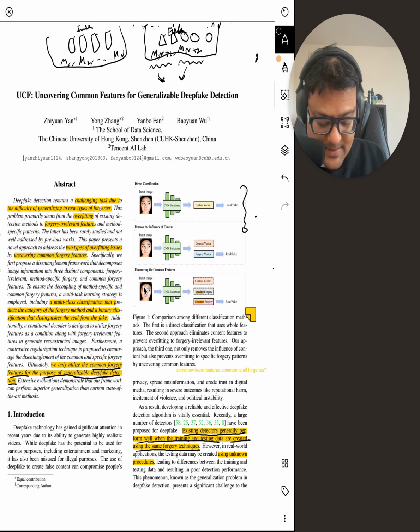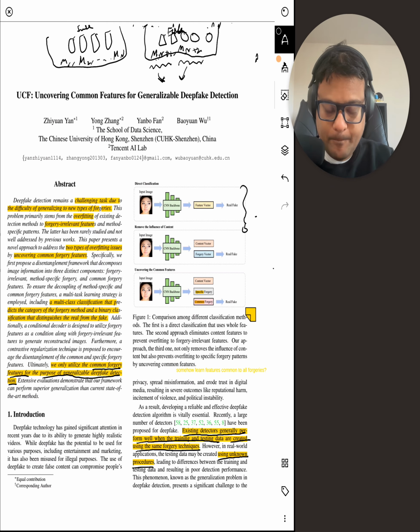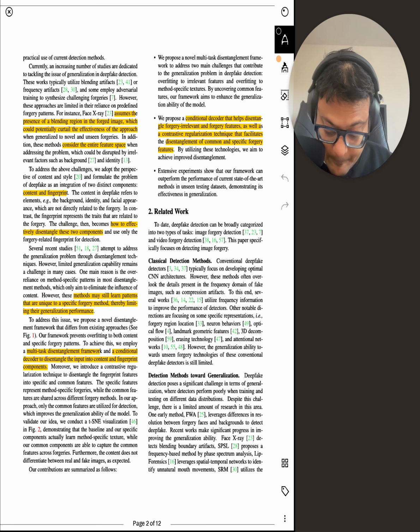However, in the real world, images are created by unknown procedures which we don't know about earlier. And that is the key problem, right? So how do you identify such generalizable features?